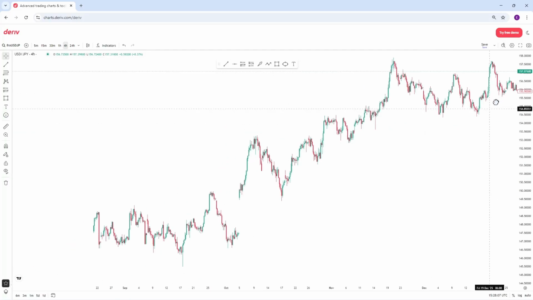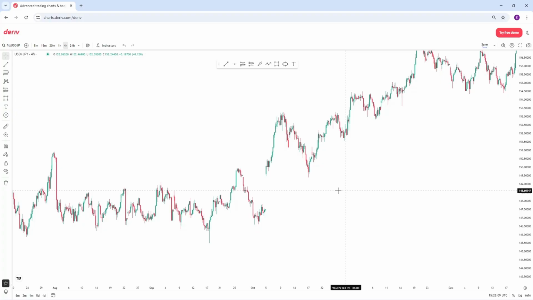Let's come here. You can see the market made a high here. See this high. This high was made, so this is our high.